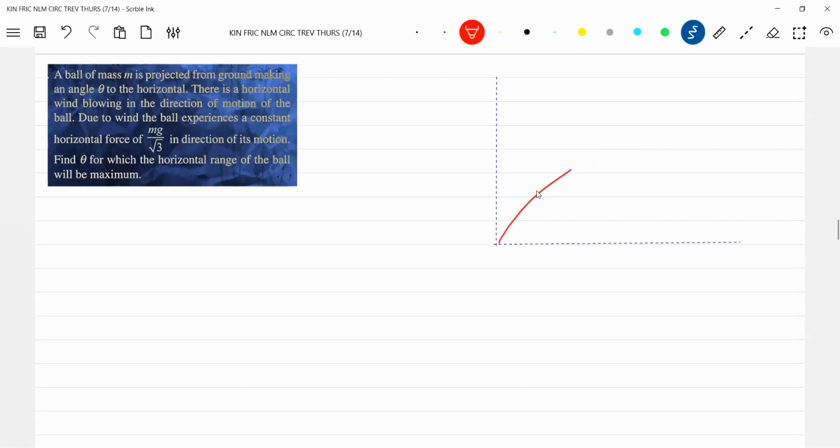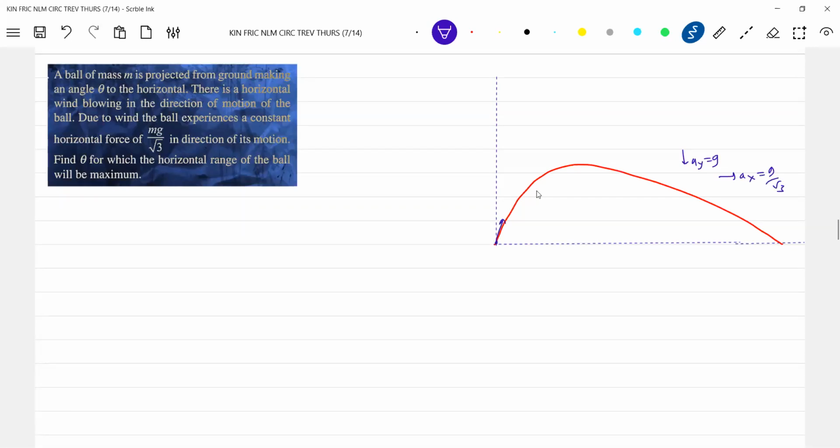So therefore this should be the trajectory, because of horizontal acceleration and also vertical acceleration that is equal to g. This horizontal acceleration is g by 3. It is projected with a speed u at an angle theta. Find the theta for which the horizontal range of the ball will be maximum.